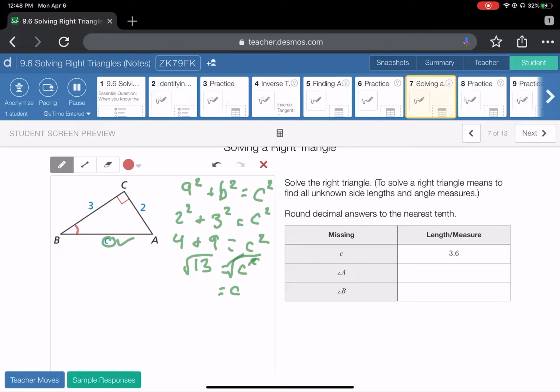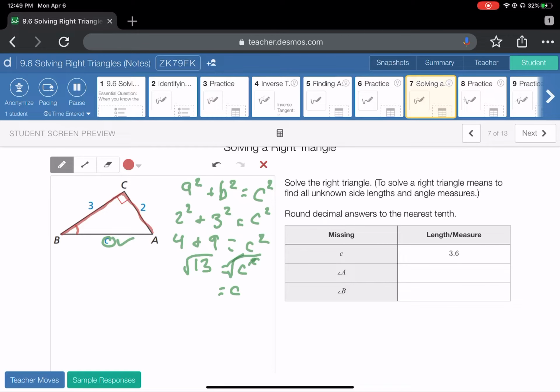So to find the measure of angle B, I can use the sides of the triangle and using inverses, just like we did on the previous slide. If I look here, what are the two things that I have that are given to me as sides on the triangle? I know that this side here is 3 and this side here is 2.